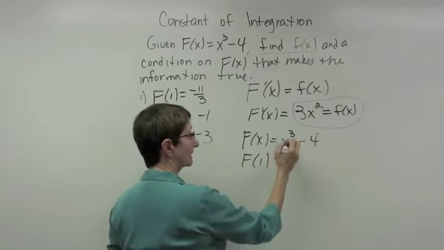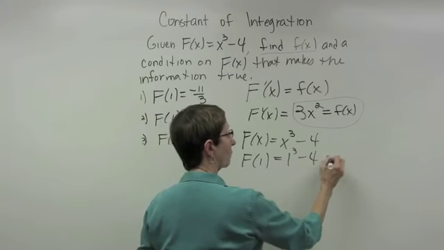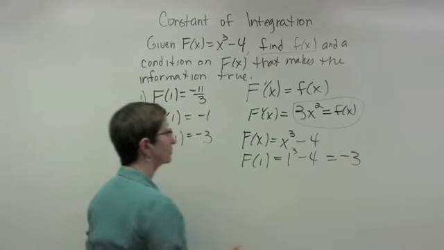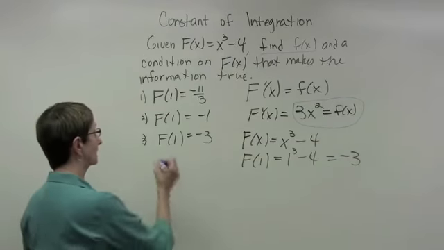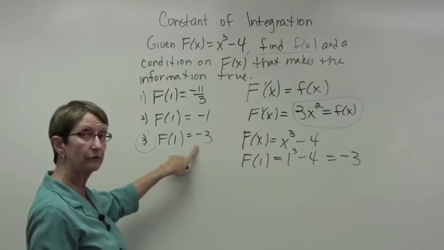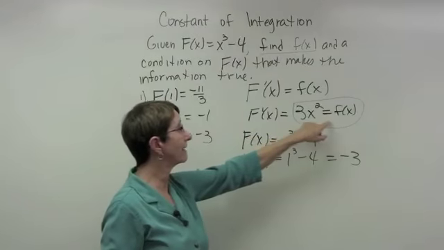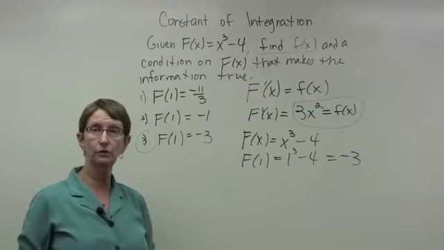F of 1 is 1 to the third minus 4. 1 minus 4 is negative 3. So the capital F that we need for the initial condition is the third one here. Capital F of 1 is negative 3, and little f of x is equal to 3x squared. So those two parts are what answer the question.